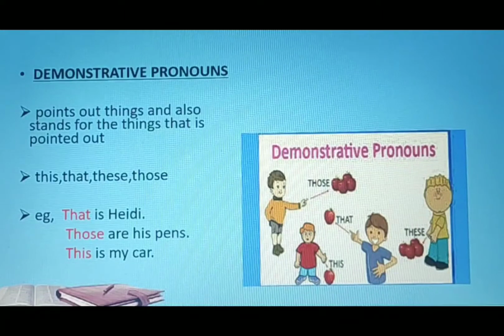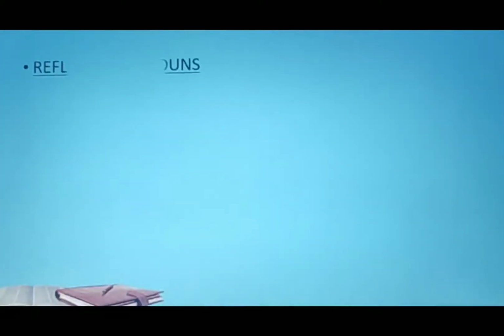So we are pointing at things. It's very simple. You just have to remember we are pointing at something and we use demonstrative pronouns for that. Let's look at the next kind of pronoun, reflexive pronouns.